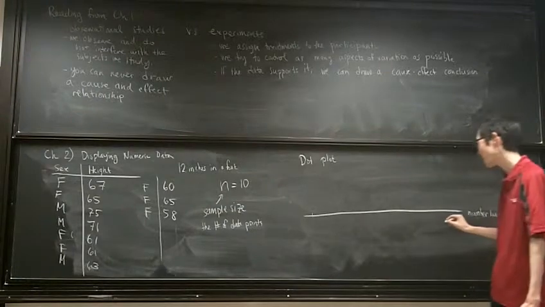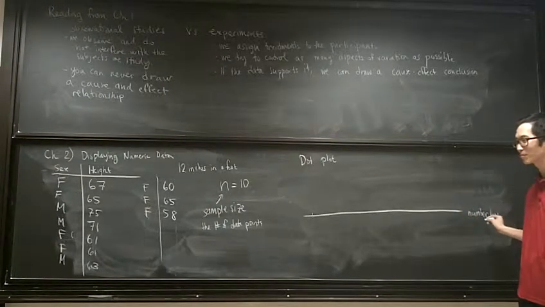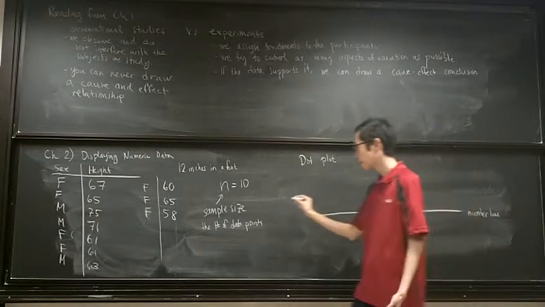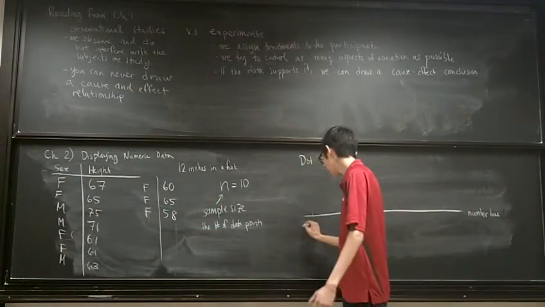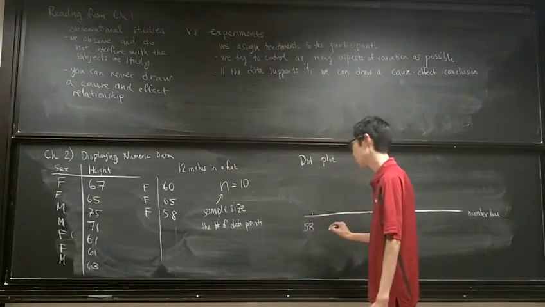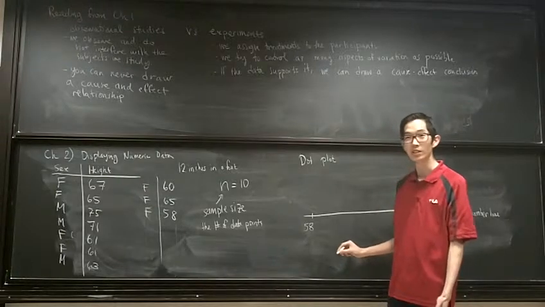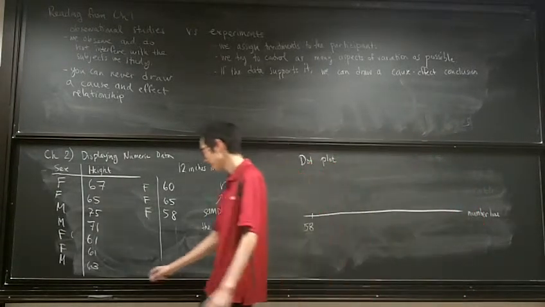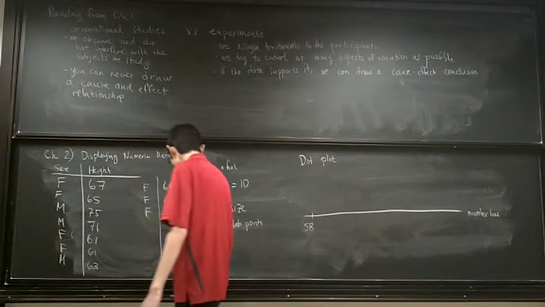For a number line, small numbers go to the left, large numbers go to the right. Okay? And you guys smile or laugh, but sometimes students just put numbers in the wrong order. Like, no, please. Okay. So anyway, we're going to start off. It looks like our smallest number is 58. Wait, if you're 4'11", you're 59 inches. Is that what you meant? Yeah. Okay. Although 58 inches is 4'10", and there's nothing wrong with that either.